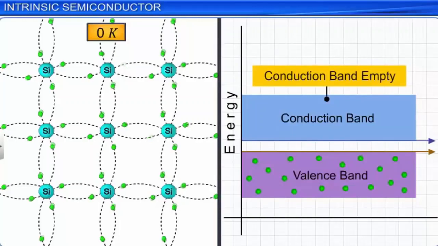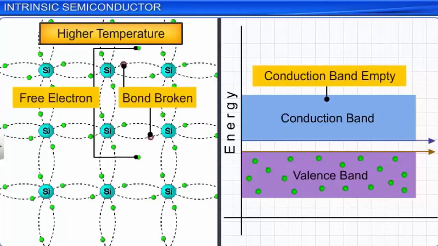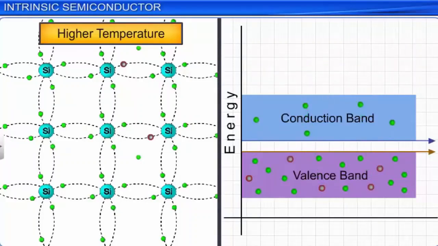However, at higher temperatures, some electrons gain enough thermal energy to break free of the covalent bonds in the crystal lattice. These free electrons move to the conduction band, and the material starts behaving like a semiconductor. Note that each electron that moves to the conduction band leaves behind a vacancy in the valence band.